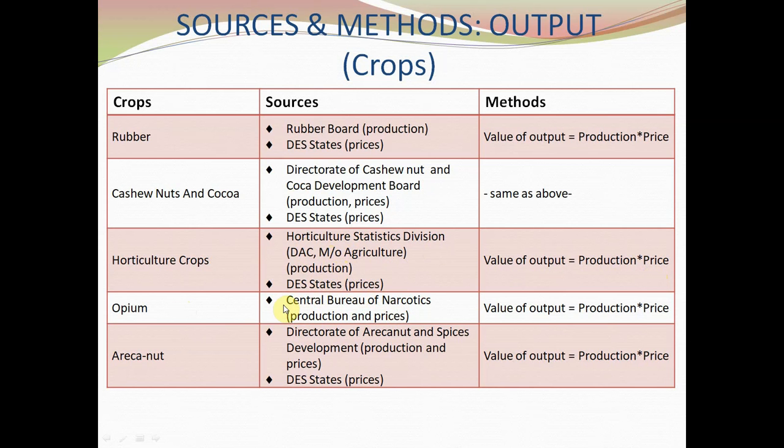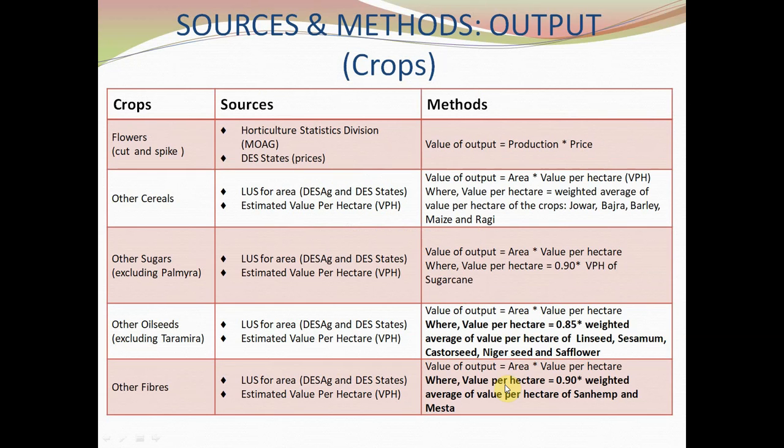Opium, value of output for opium, it is calculated by data provided by Central Bureau of Narcotics for both production and prices. And areca nut. Here production and prices data are available from Directorate of Areca Nut and Spices Development, and states DES also providing the prices data.